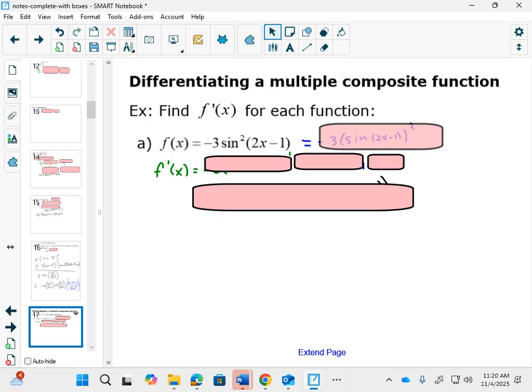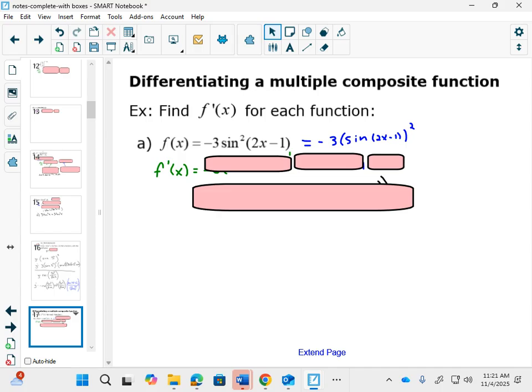So first of all, I'm going to rewrite that squared with brackets. The 2x minus 1 is inside sine, but the sine 2x minus 1 is inside the square.